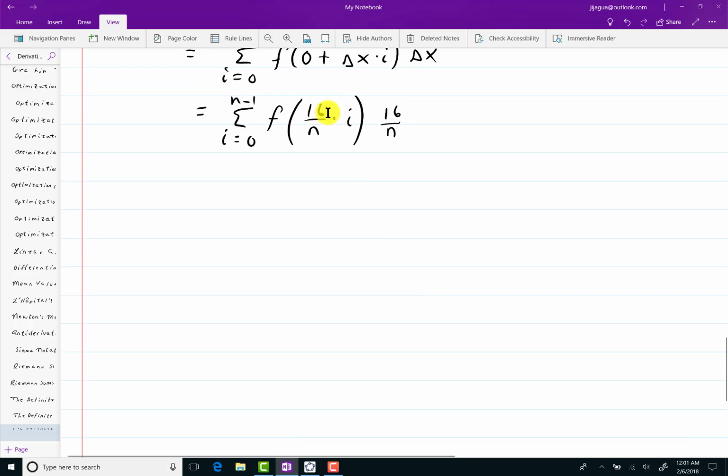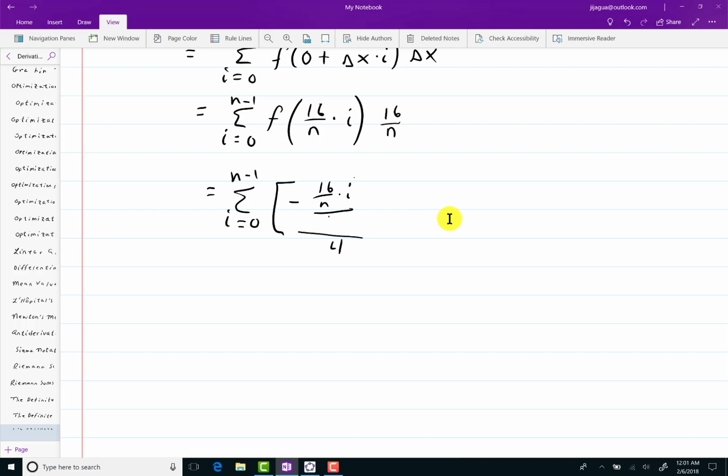Now let's go ahead and plug these numbers in. All this stuff goes in where x appears. So we'll have negative, we had x, 16 over n times i, divided by 4, plus 4, times 16 over n.